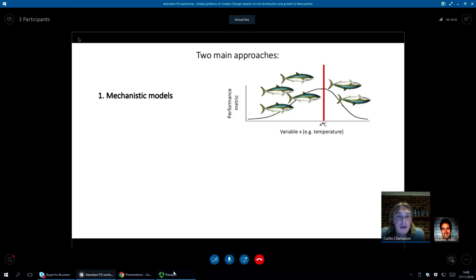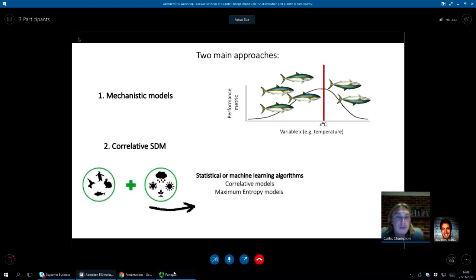By far, the more common approach has been a correlative species distribution modelling approach. So those green circles on the left with the little animals in them, that represents animals in one place at one time, so an occurrence record of a species, which is then matched with a suite of environmental data, be it temperature, salinity, dissolved oxygen.